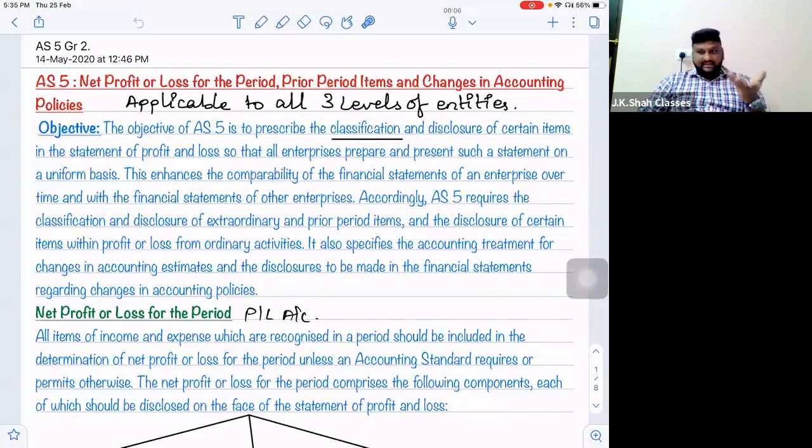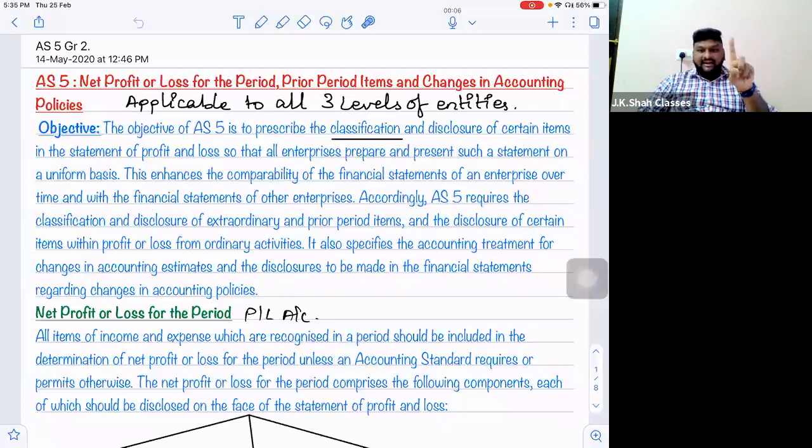If you remember, in AS1 we already saw what are changes in accounting policies and when you can change. There were three reasons. If it is required by law, you can change. If it is required by AS, you can change your policy. Or if the management is of the opinion that a change would give a better presentation, then you can change, right? And if you change your accounting policy, you have to give compulsory disclosures.